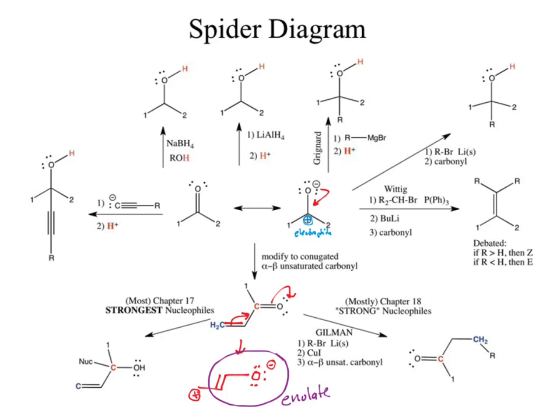What's the first position? Alpha, the next position, beta. If I have an alpha beta unsaturated, what does unsaturated mean? I've removed hydrogens. In the process of removing hydrogens, what have I placed? A pi bond. So an alpha beta unsaturated carbonyl is really an alkene conjugated with a carbonyl.